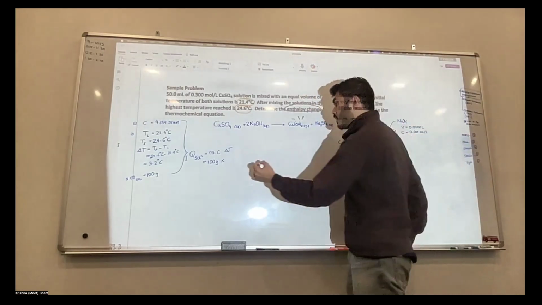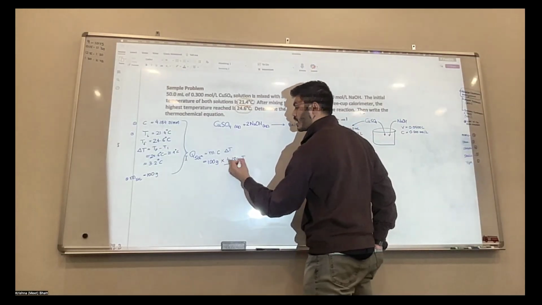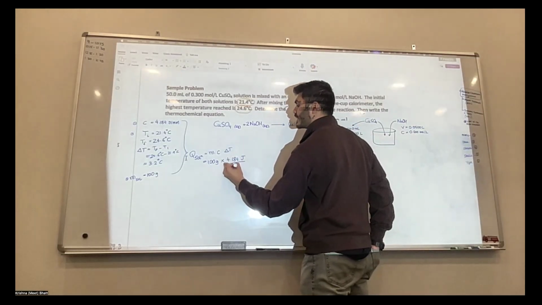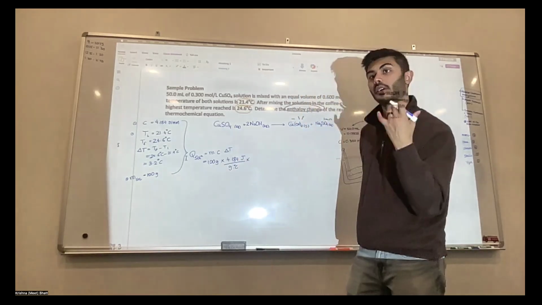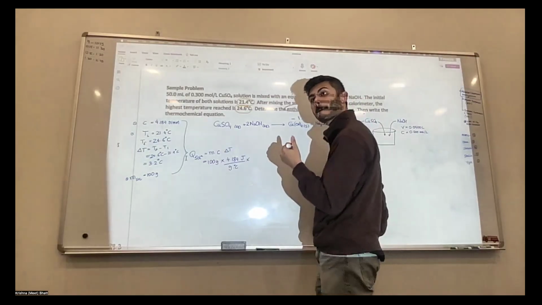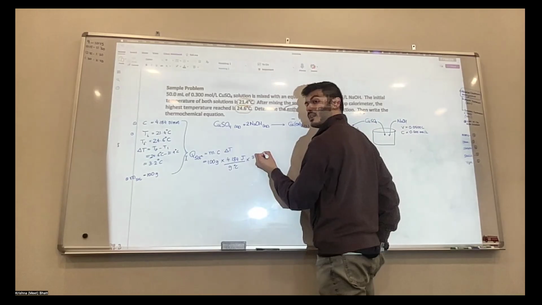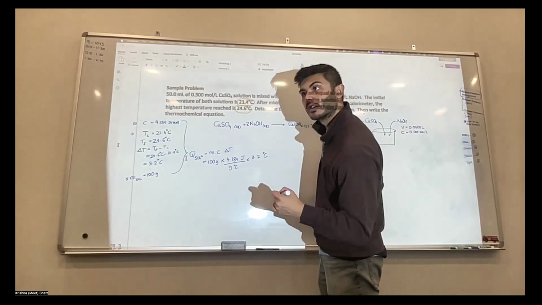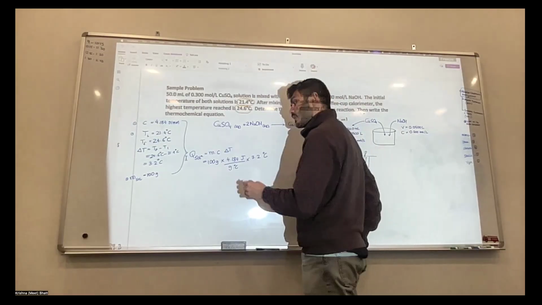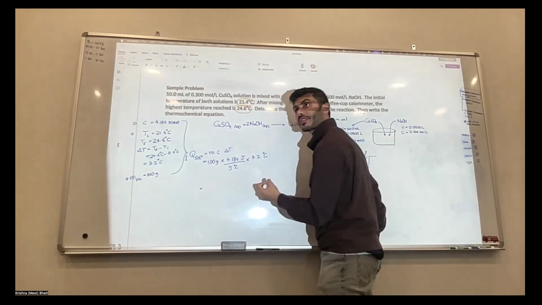Okay. 4.184 joules per gram degree Celsius. Multiply that by the change in temperature. 3.2. 3.2 what? Degrees Celsius, right? By doing this calculation, what unit will I get left with?